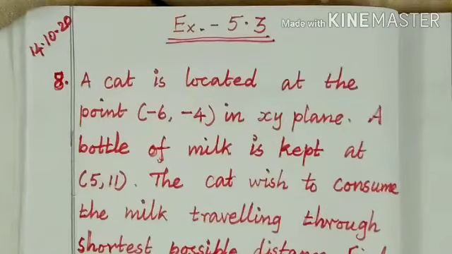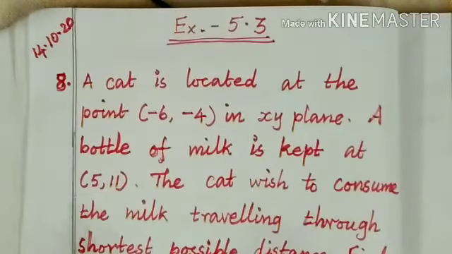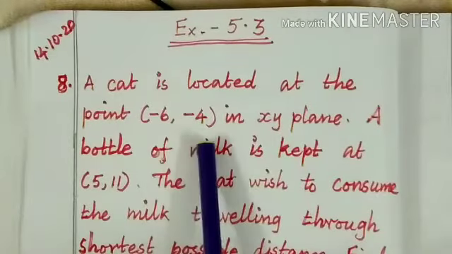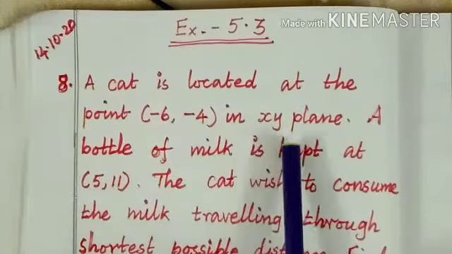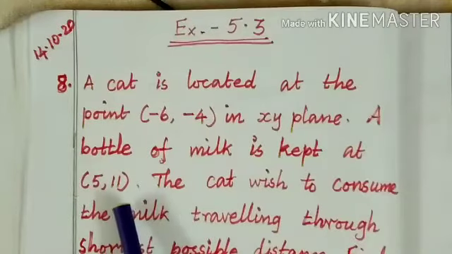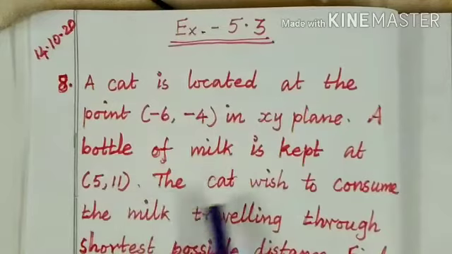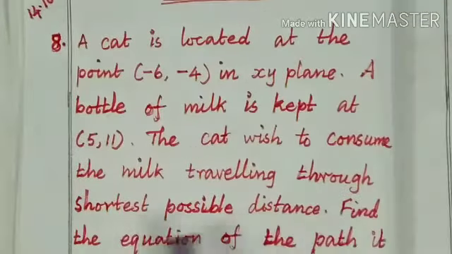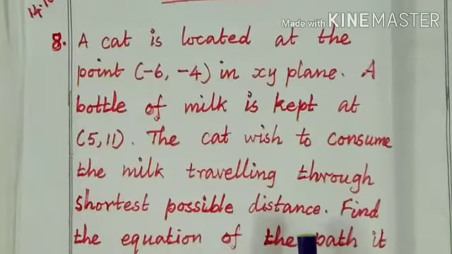Let us see the 8th sum in exercise 5.3. See the question. A cat is located at the point minus 6, minus 4 in the xy plane. A bottle of milk is kept at 5, 11. The cat wishes to consume the milk traveling through the shortest possible distance.